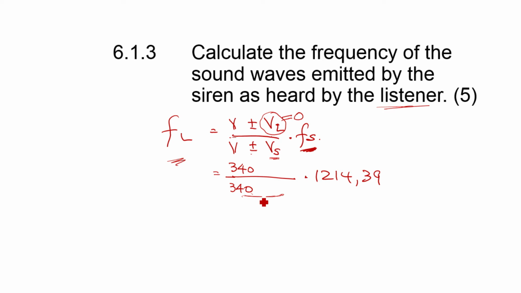Now, are we expecting the frequency as heard by the listener to be greater than the frequency of the source or less? Well, we're expecting it to be greater. So therefore, we are going to subtract the 30 meters per second over here.